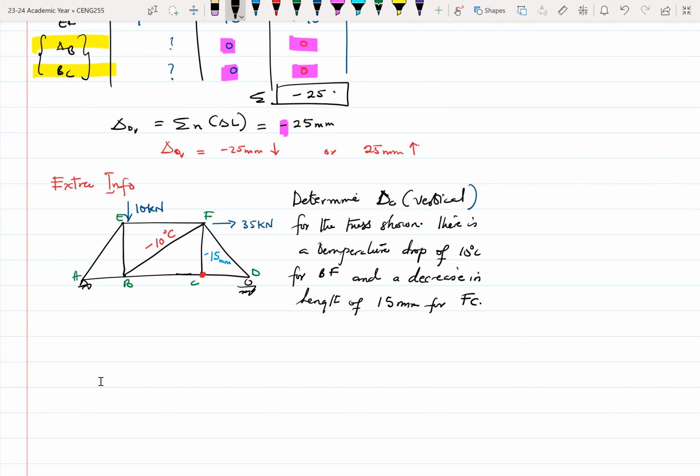The change in displacement at C, delta CV, will be the one contributed by the external load, plus the one contributed by the change in temperature.